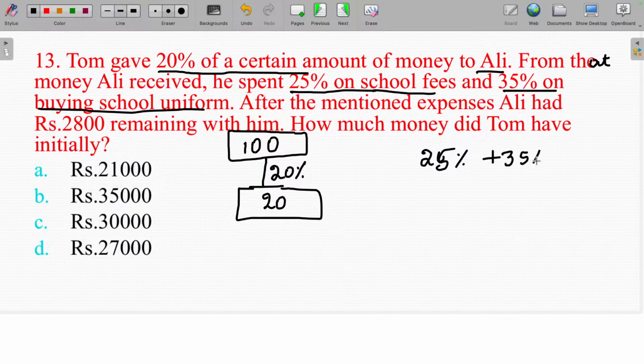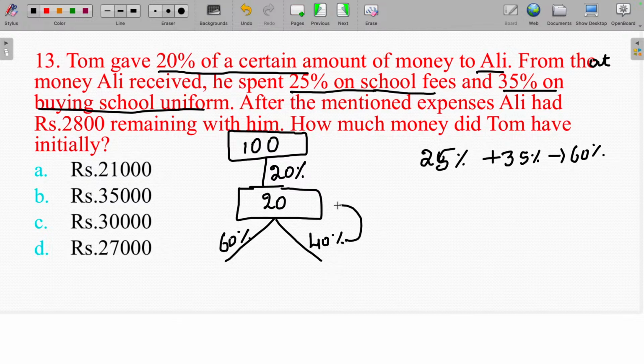Total how much he spent? 60% is spent of whatever he received, which means if he spent 60% of 20, the remaining will be 40% of 20. Yes or no? Is it clear? He spent 60% of 20, remaining will be 40% of 20.